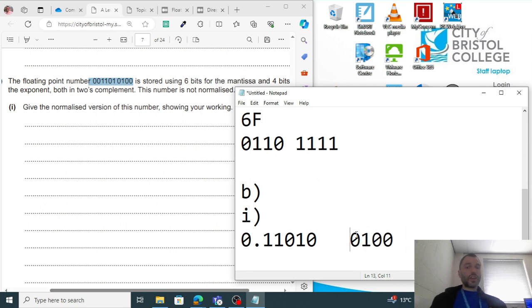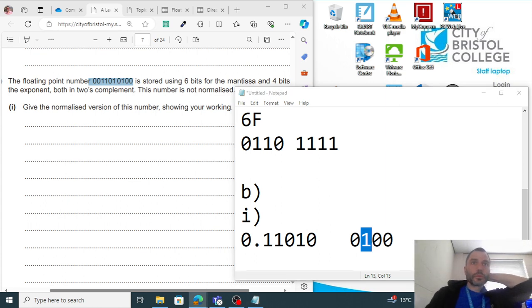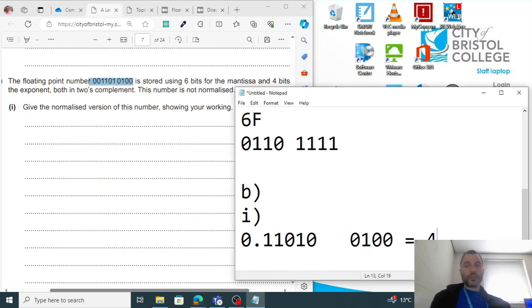So what would this exponent be if I take 1 off it? So this exponent is currently what number? Yeah, it's 4. So if I take 1 off it, it's 3.